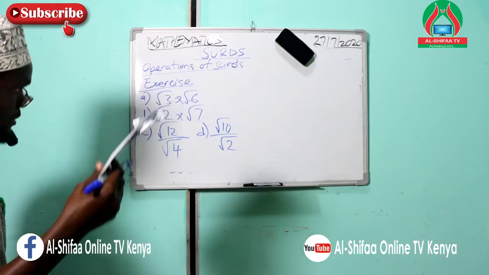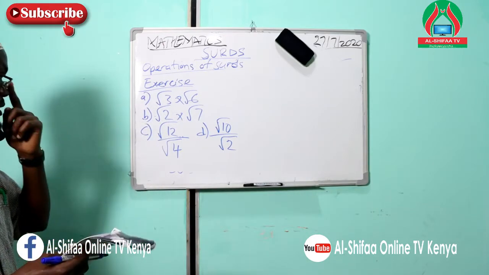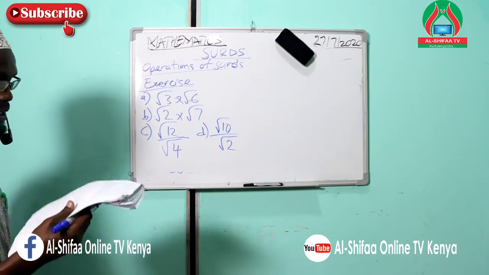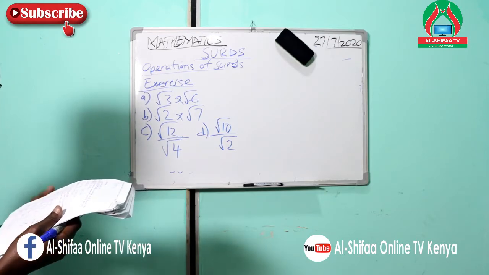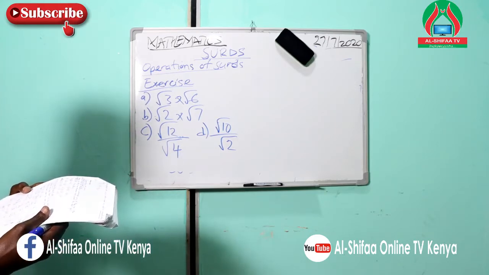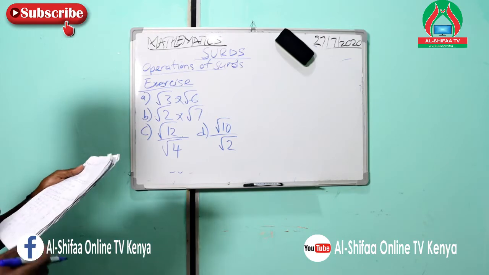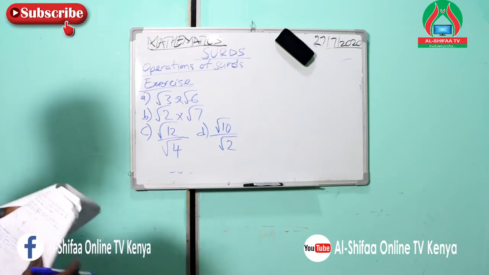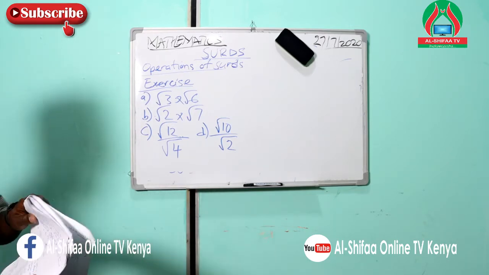We can copy these 4 numbers and try them for the division and multiplication of surds. Then we'll be going on to the rationalization of surds.